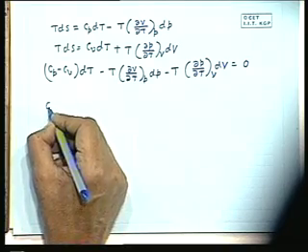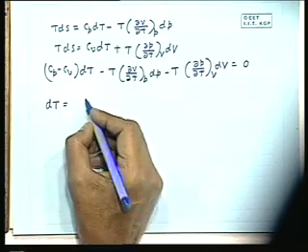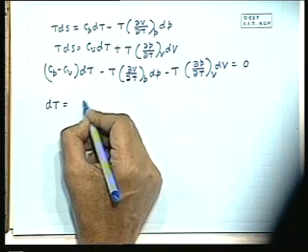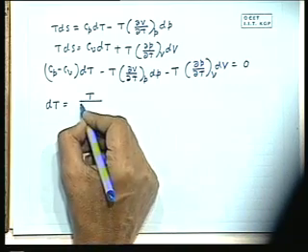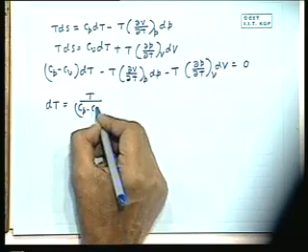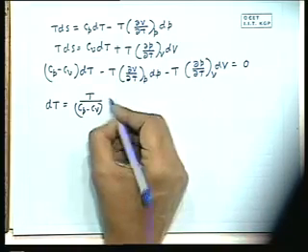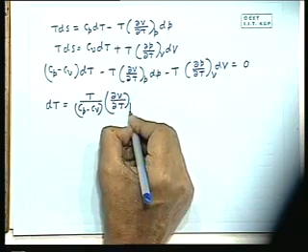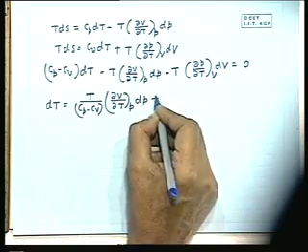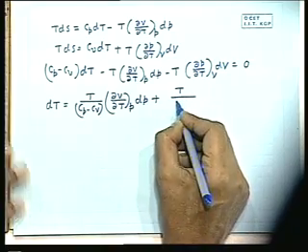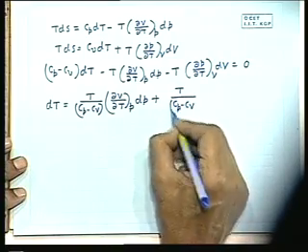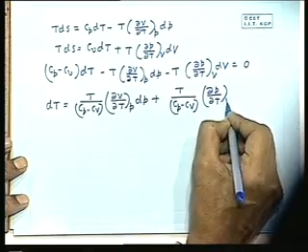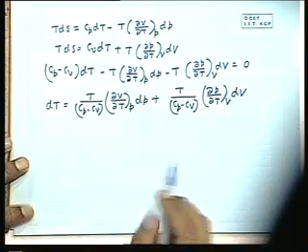Or we can write dT is equal to T by (Cp minus Cv) (∂V/∂T)_P dP plus T by (Cp minus Cv) (∂P/∂T)_V dV. Am I correct? You see whether I have done it right.